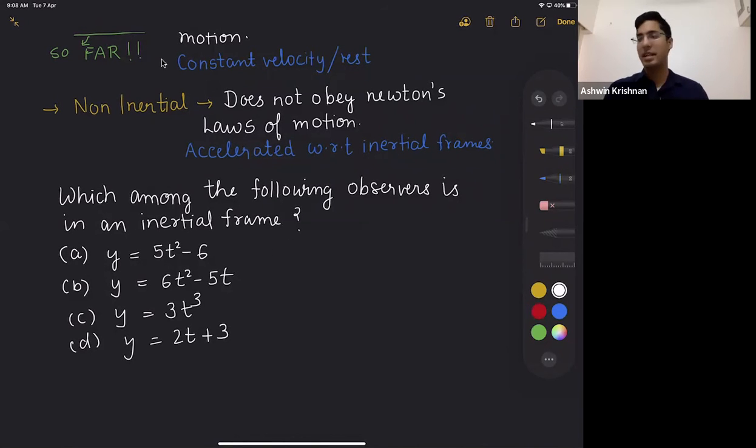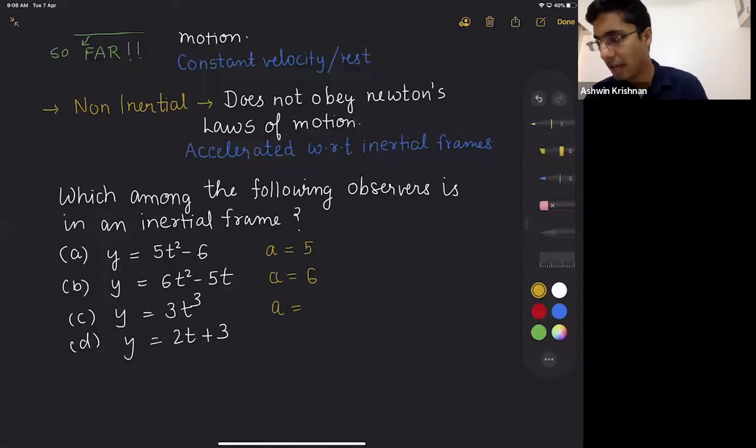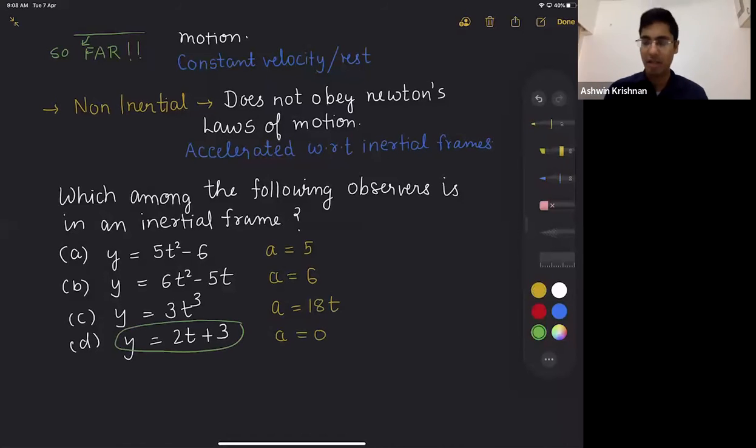All right, so very clearly, what we can see here is that acceleration in this case is 10, in this case is 6, in this case is 18t, but acceleration in this case is 0. So the only situation where acceleration is 0 is this, which means the correct answer is D, because an inertial frame of reference is one where it is either at constant velocity or at rest.